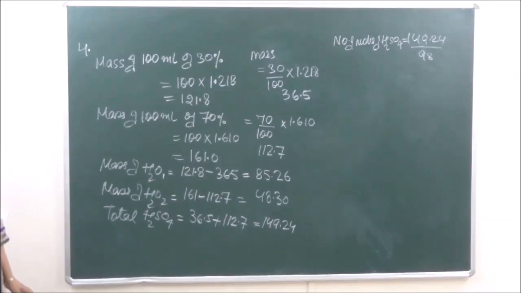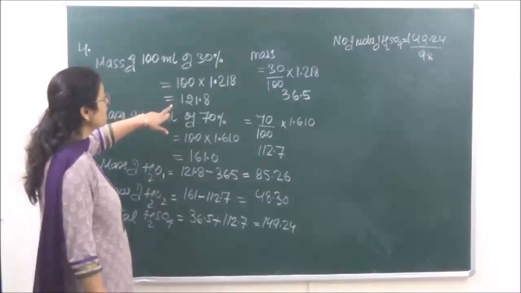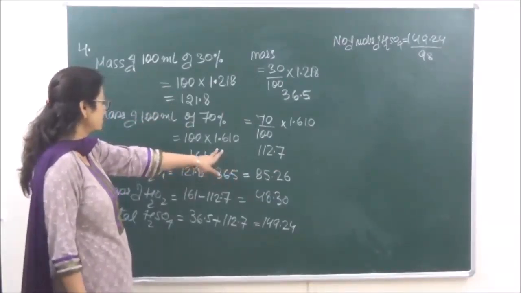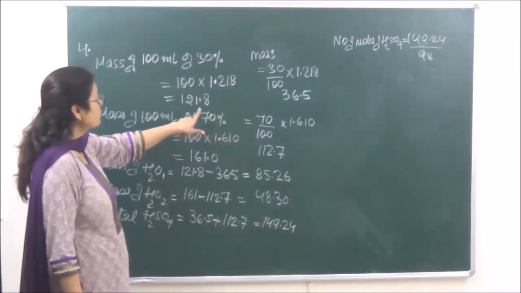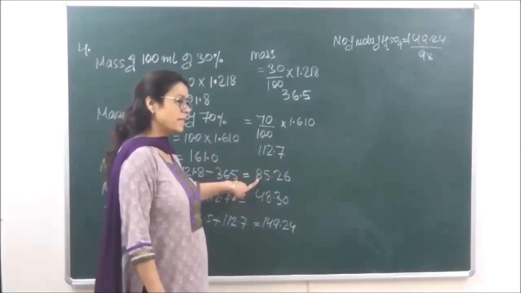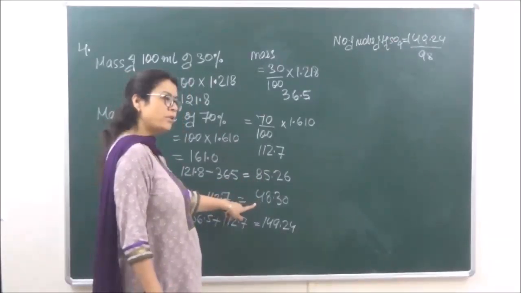Total mass of water will be what? Let's see what was the mass of water over here. Mass of water in the first case is 85.26. Mass of water in the second case is 48.30.